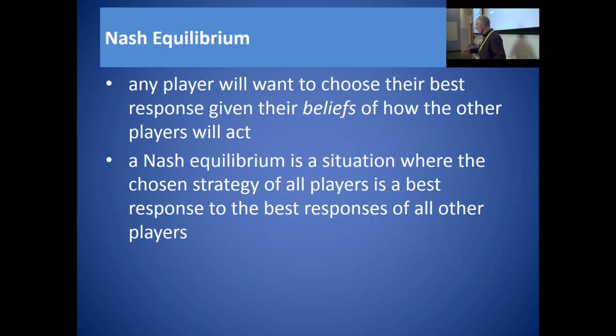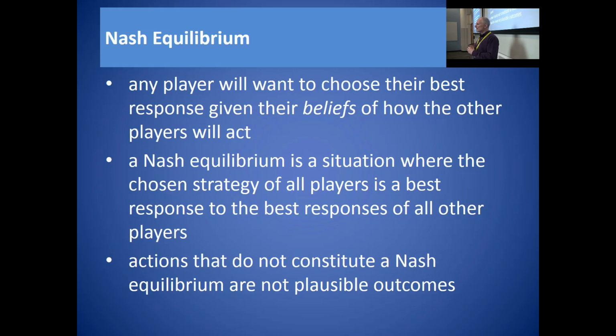So everyone is choosing something that's optimal, given what you can do, given what you think the other player is going to do. The Nash equilibrium that exists in any game will be described by the fact that all players are choosing a best response.